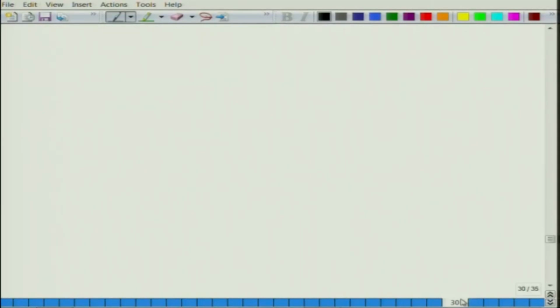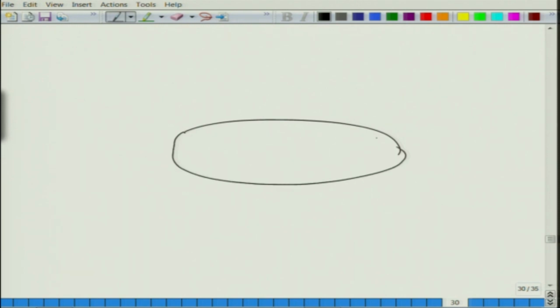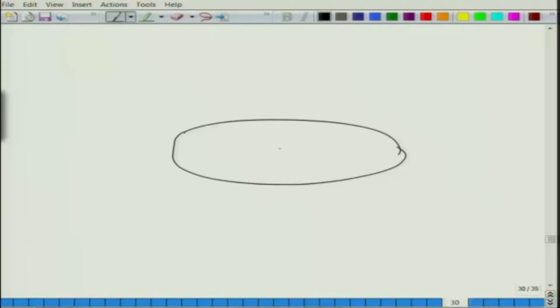So, let us say this is the plane of the ground on which you are standing. Basically this is circular and we have to draw it like this because we want to look at the 3-dimensional view. And at the center of this circle you are standing. So, here is the observer position.